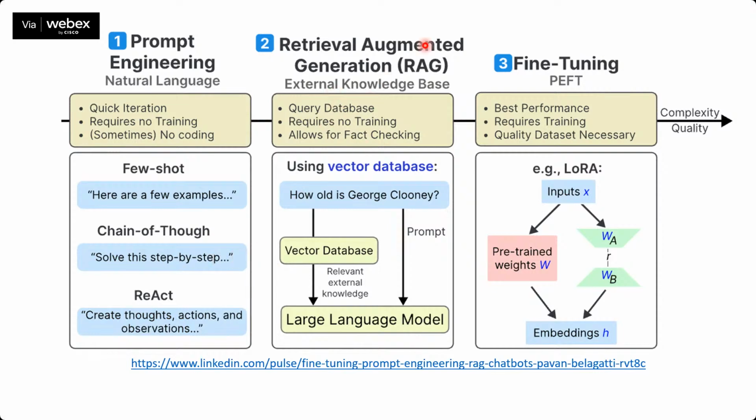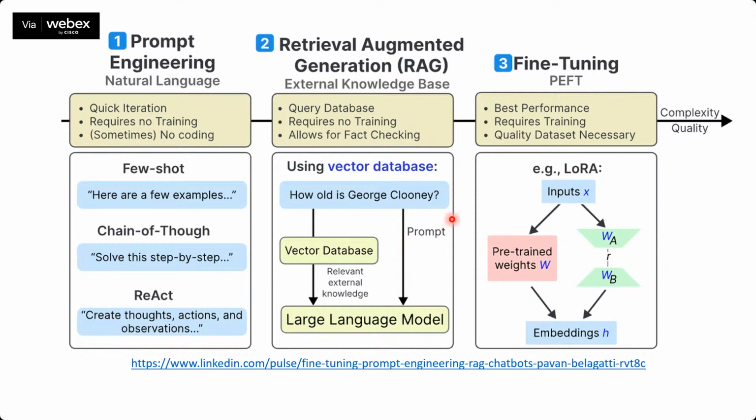Then you have the mechanism of RAG, or retrieval augmented generation, where you can have your enterprise database available to the LLM, so it can refer to that database and give you the solutions.